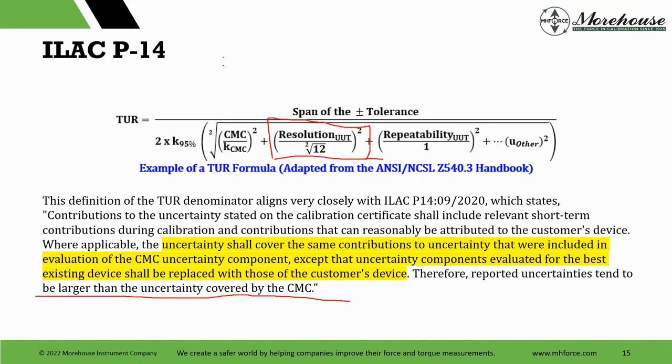Since we're in force, if I had a 1,000-pound load cell and I read my 1,000-pound load cell by 0.1, just simple math here, right? That's 100,000 counts. Probably I'm going to see some variation in that number.